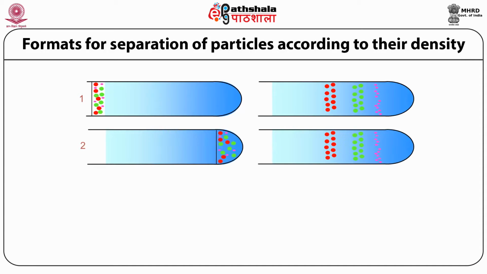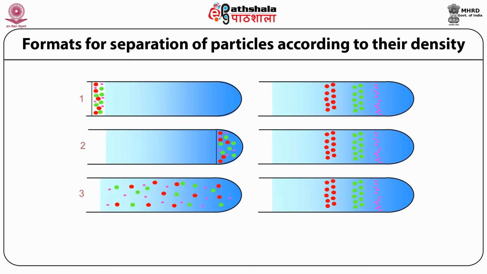In the second slide, if everything is kept at the bottom and centrifuged for a longer time, then again, because the different particles perceive differential centrifugal force as well as the difference in the medium, the particles separate according to their density gradient.